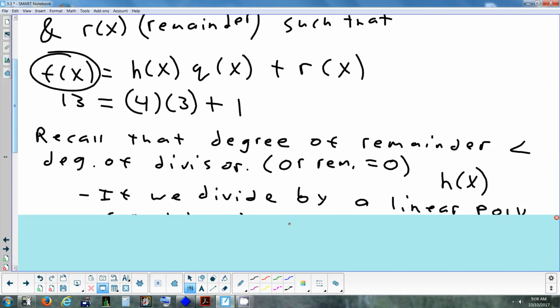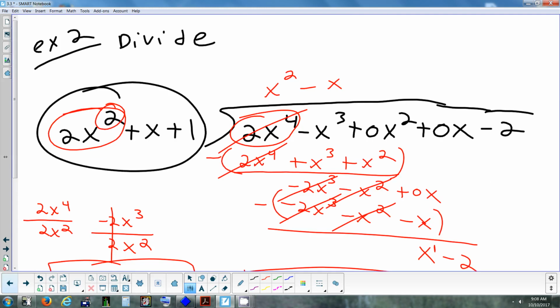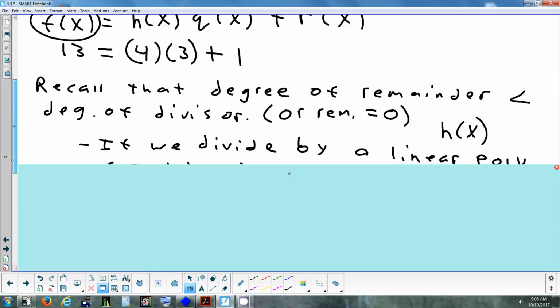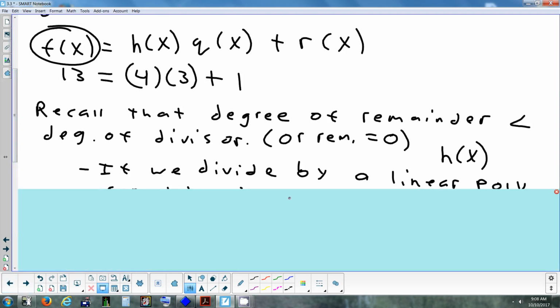All right, so if you have a problem where you are dividing by something linear, that means this part right here is just x plus 1, or x minus 3, or y minus 7, something like that. If you divide by something linear, what's one degree less than linear? Kind of like what's a step down from a linear equation?